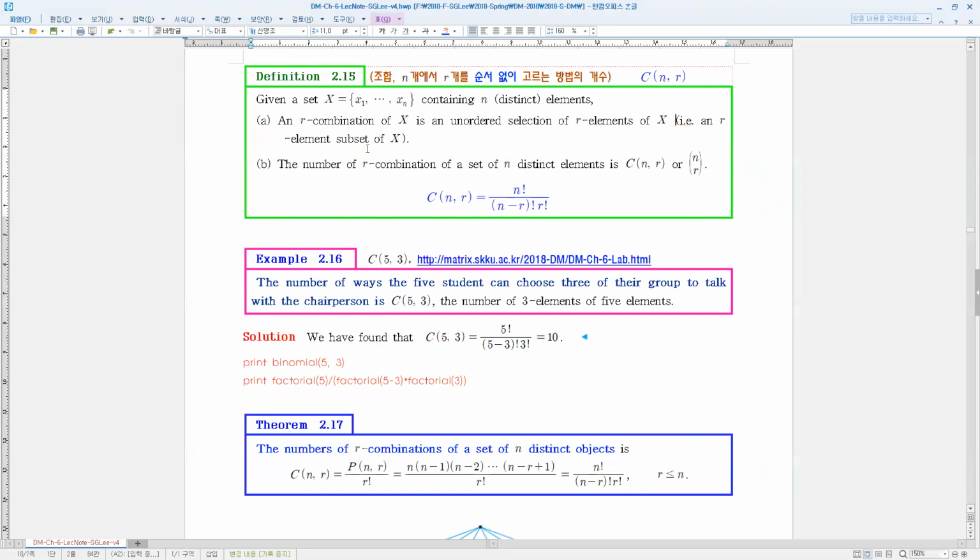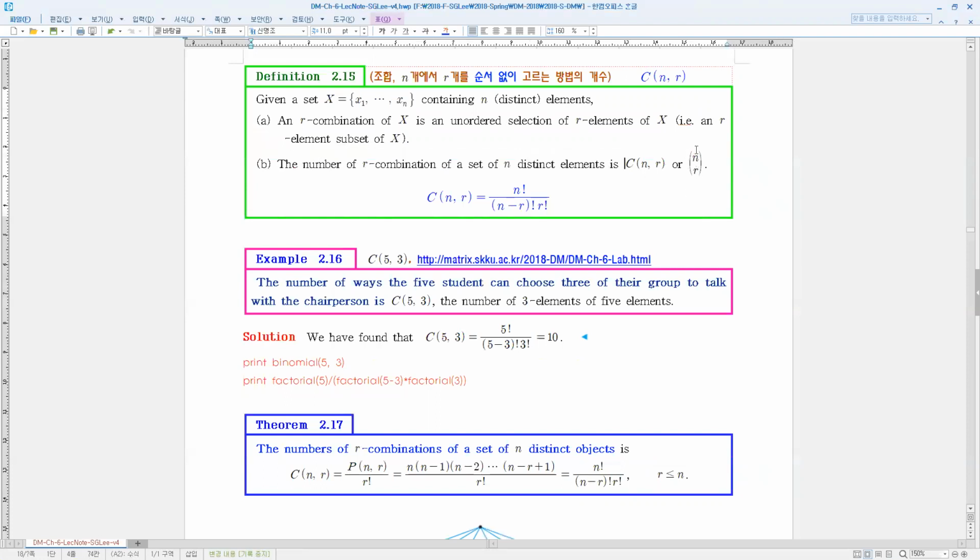This is a combination. Before, it was permutations with order. Here, for combinations, there is no order. The number of r-combinations of a set of n distinct elements is n choose r.